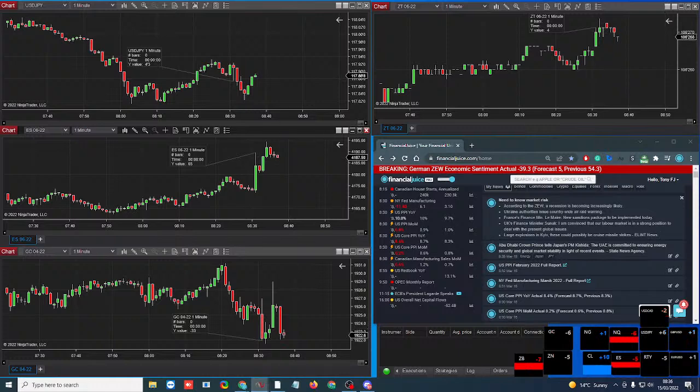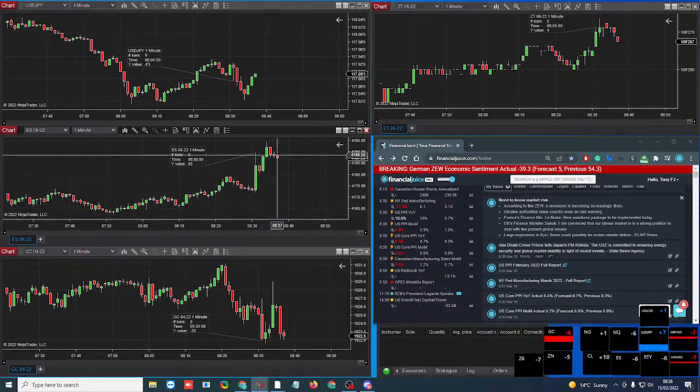Remember, we had a 0.5% deviation that we were looking for on PPI to look for a stronger reaction from the markets overall, but we didn't get that. But even then, we're still seeing the S&P 500 moving, and it hasn't completely erased its initial move towards the upside.